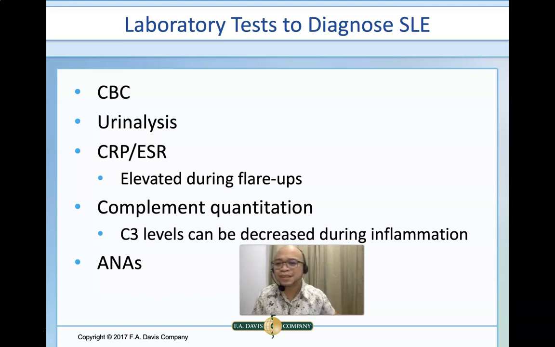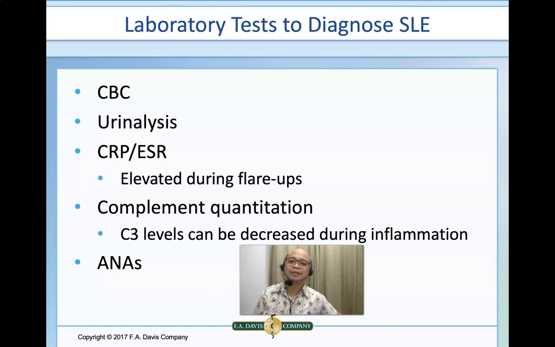These are the laboratory tests that will allow us to diagnose SLE. This includes CBC, urinalysis, CRP and ESR, C-reactive protein and erythrocyte sedimentation rate. Both of these are tests to determine if inflammation has taken place. Then we can quantify C3 or the complement. C3 levels can be decreased during inflammation.